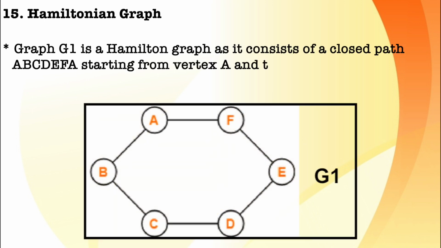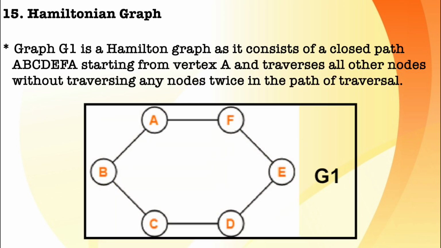The graph consists of a closed path A, B, C, D, E, F and back to A, which starts from vertex A and traverses all other nodes without traversing any of the nodes twice other than vertex A. Therefore, this particular graph is called a Hamiltonian graph.